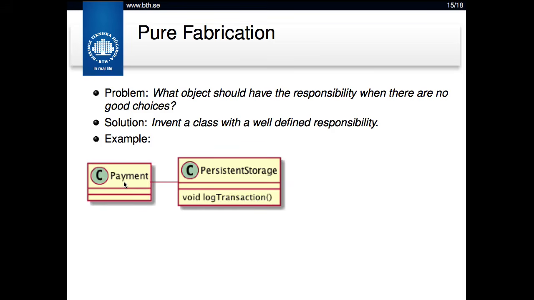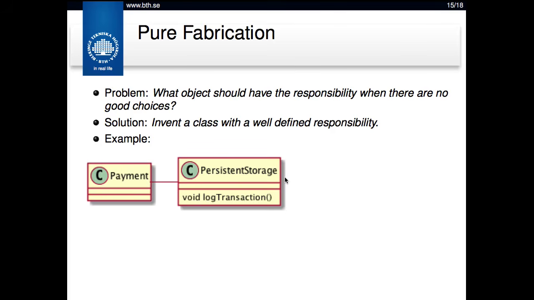And I could put that into the payment class, but that means that the payment class is responsible for both managing the payment and managing persistent storage. And I may want to have different types of persistent storage later on, which means that I'm going to bloat the payment class with a lot of information that has to do with storage and nothing to do with the actual payment. So we invent a class.